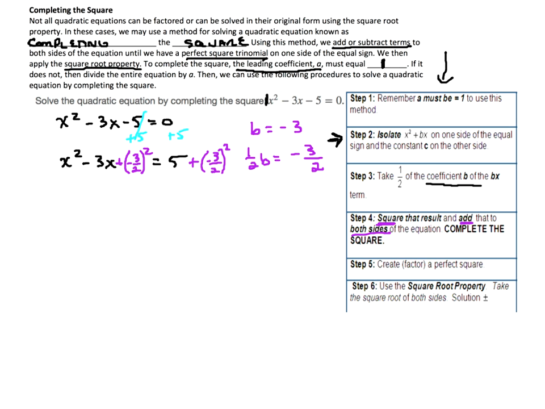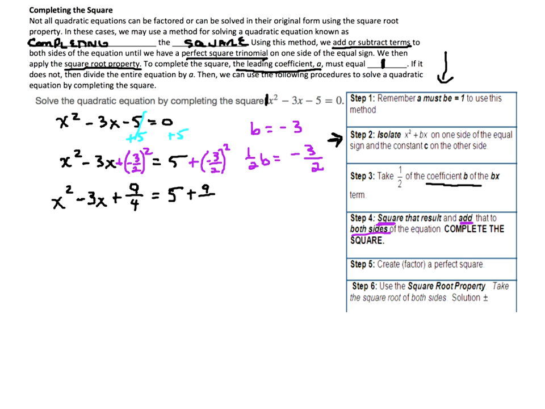Okay, so now I have x squared minus 3x plus 9/4. When you have a fraction squared, you square the numerator and square the denominator. It becomes positive because that negative gets squared as well.